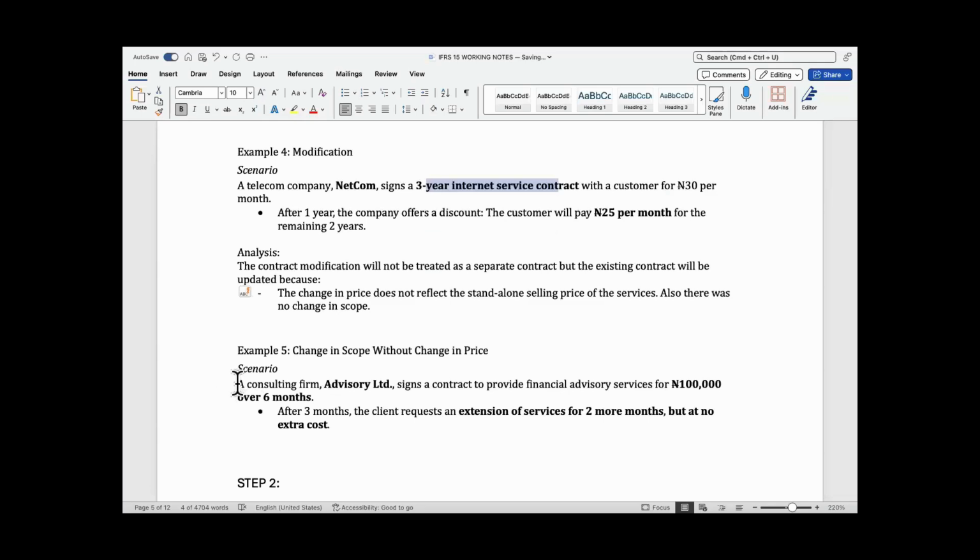And finally, a consulting firm, Advisory Limited, signs a contract to provide financial advisory for 100,000 over 6 months. After 3 months, the client requested 2 more months, but at no extra costs.